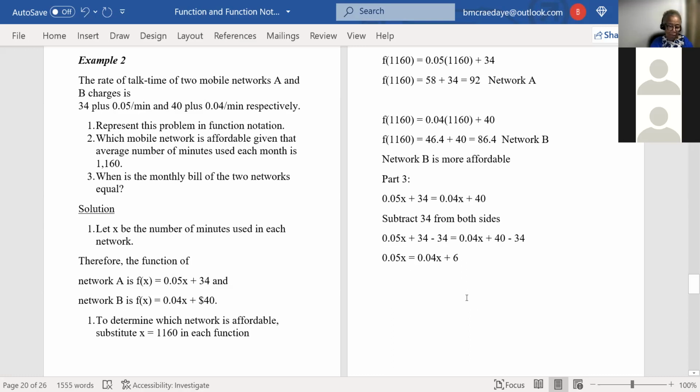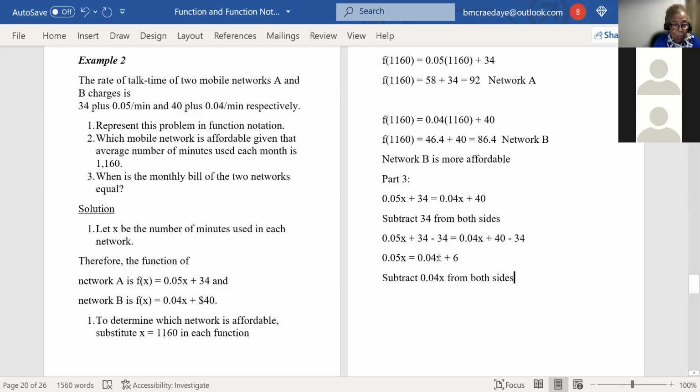Remember, I'm trying to get the x's on the same side. The 0.04x is being added on the right, so I have to subtract it, right? Subtract 0.04x from both sides. You do the opposite operation. It's being added to the 6, so I want to subtract it.